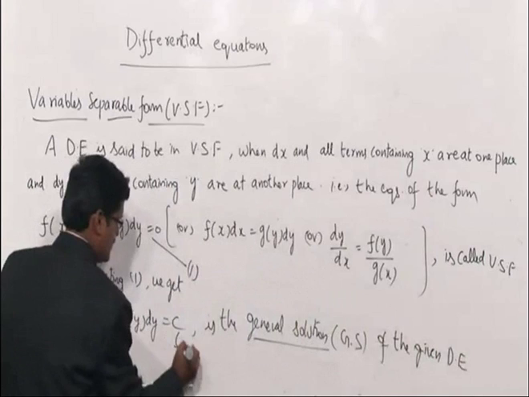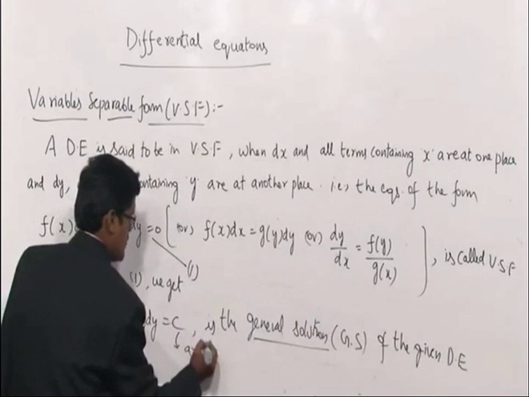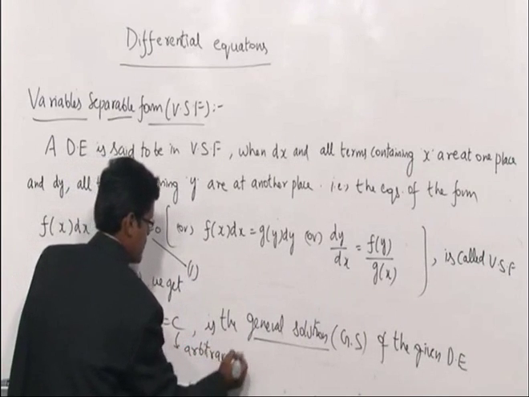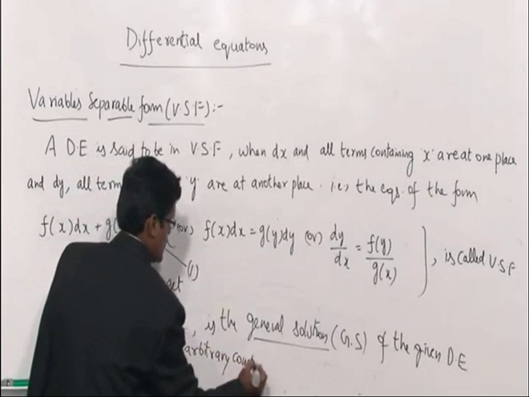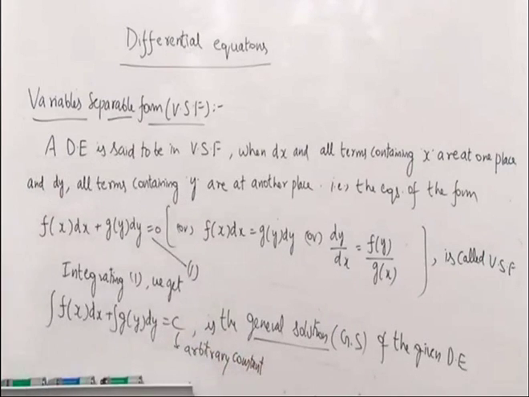What is C? Arbitrary constant or constant of integration.